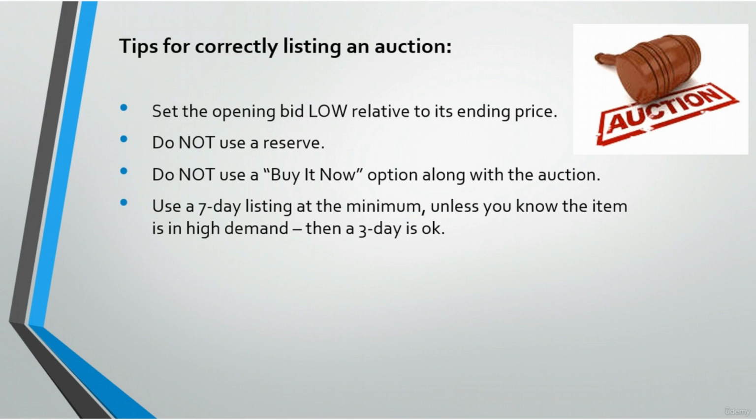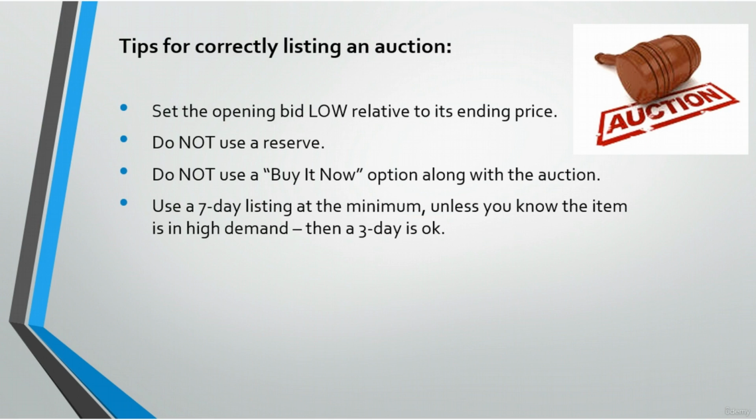Here's another tip. Use a 7-day listing at the minimum unless you know the item is in very high demand. Then a 3-day or a 1-day is okay. But especially with collectibles and antiques, I like the auction to run about 7 days or 10 days. The reason for that is I want the most exposure for that item possible.